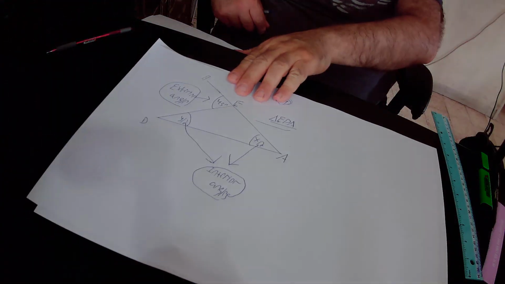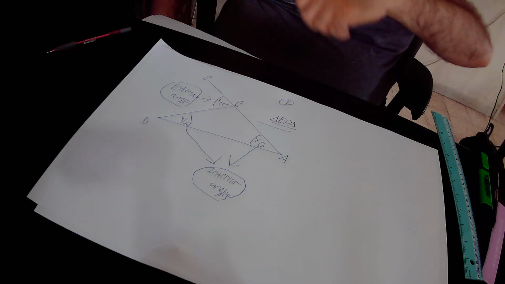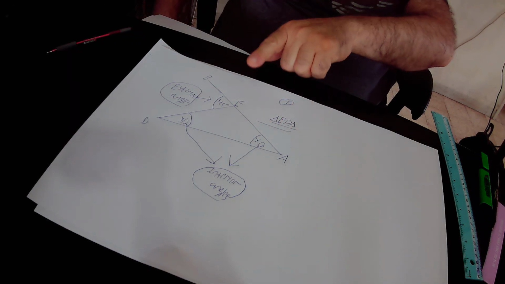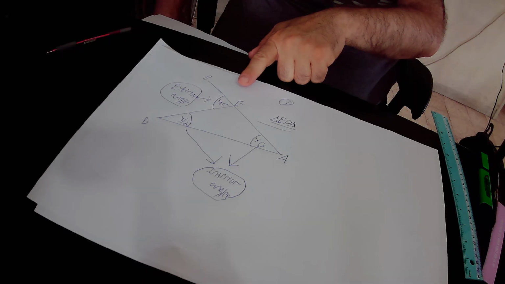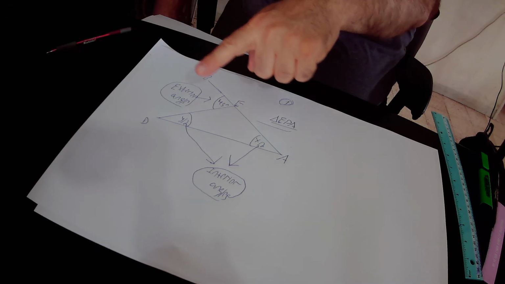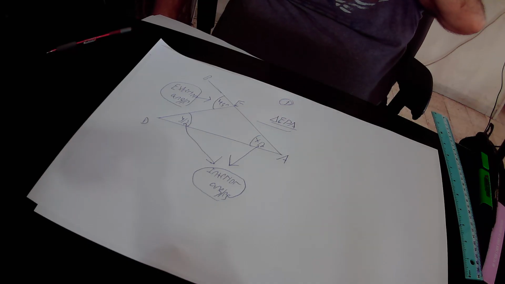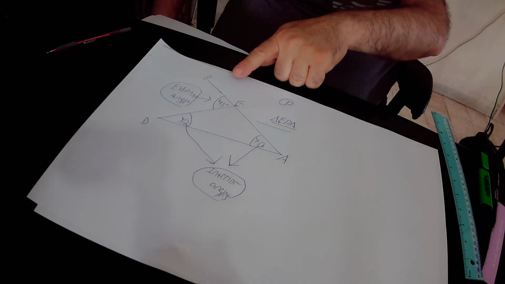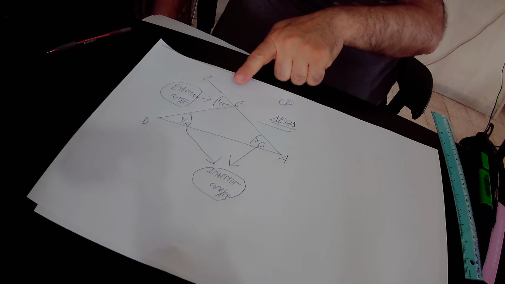Why? Because in our drawing this is triangle EDA, and this angle is angle BED. Angle BED is the exterior angle of triangle EDA. According to rule 4, the size of angle BED is equal to the sum of the two interior angles that are not adjacent to it.